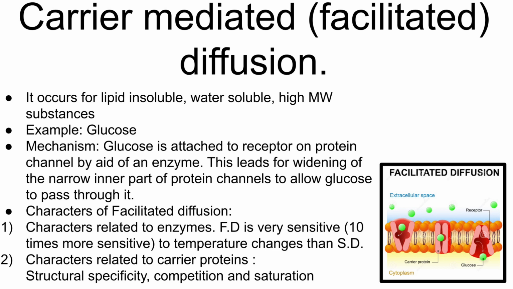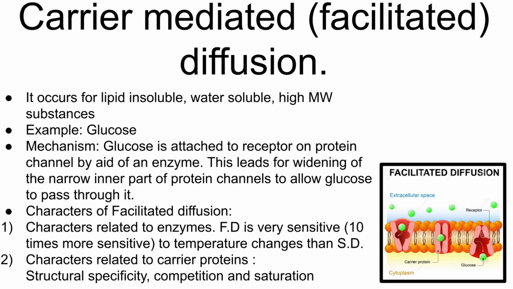And secondly, the presence of a limited number of specific receptors or carrier protein leads to three things. Firstly, structural specificity, which means that only a limited number of substances that have specific structures can unite with the receptors.